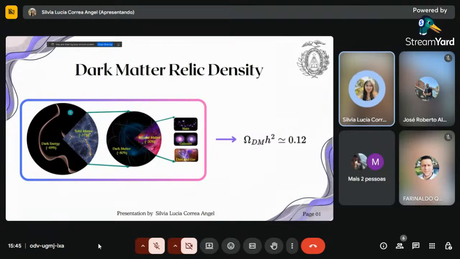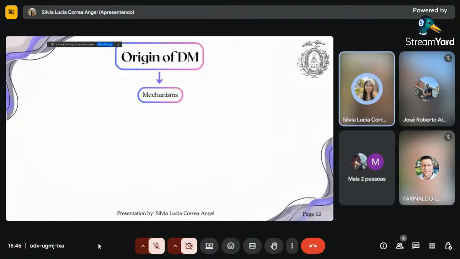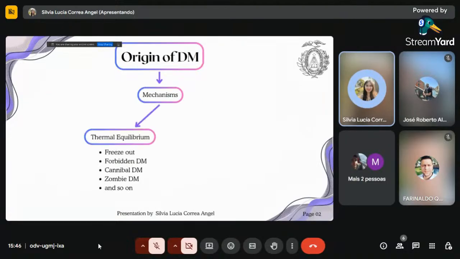And here we have that the abundance of dark matter in the universe is about 27% of the total content. Achieving this is difficult because there are many proposed mechanisms for producing dark matter. Some are based on thermal equilibrium.